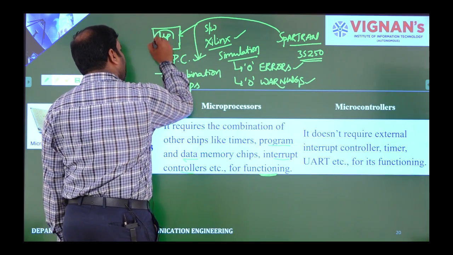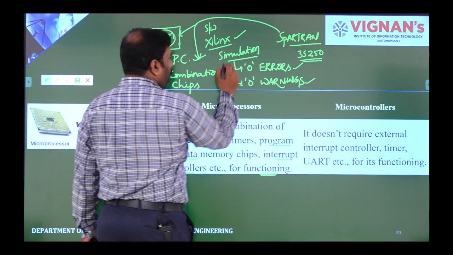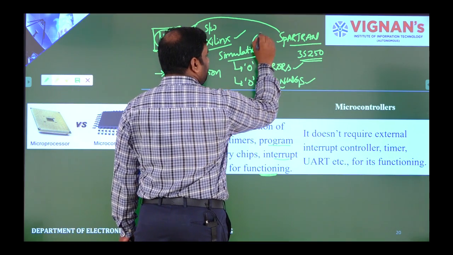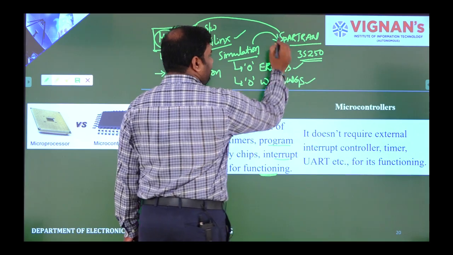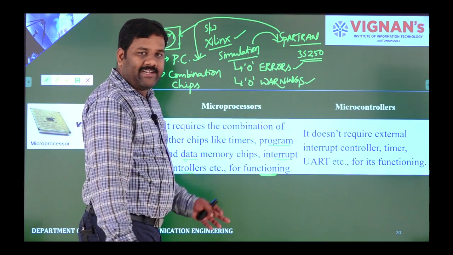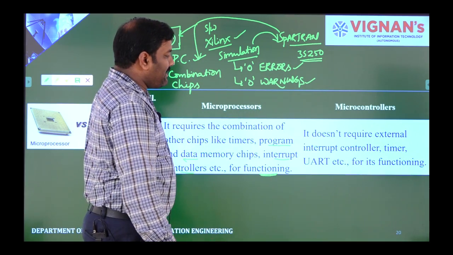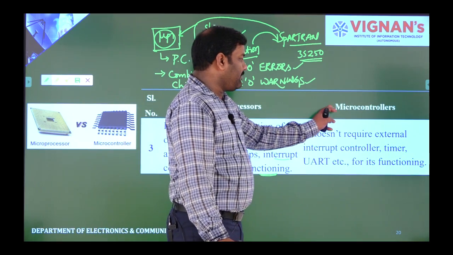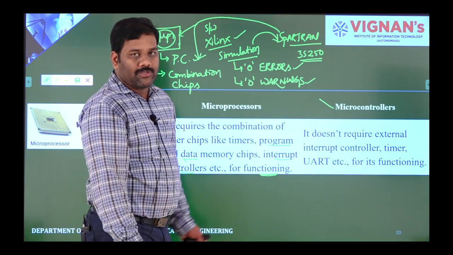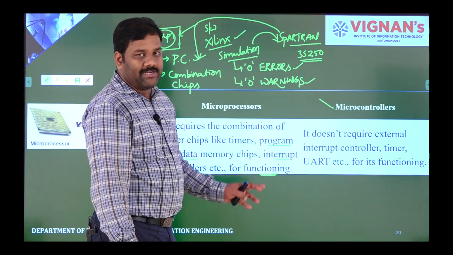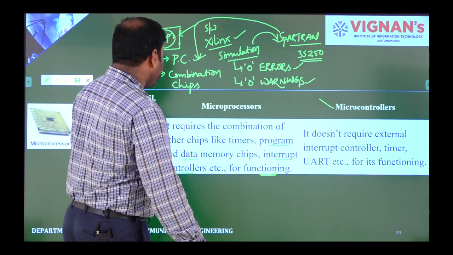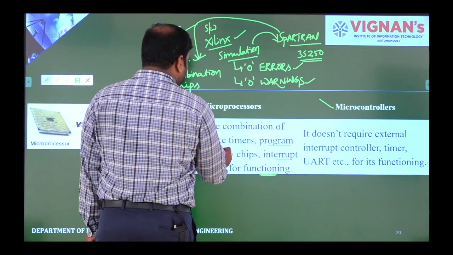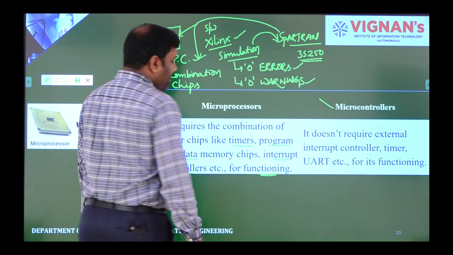Then your processor has to dump the simulation code into the Spartan kit. Then it can execute. The same thing cannot be performed by using a microcontroller, because it is always self-dependent. It can't operate, so it requires the combination of other chips like timers.